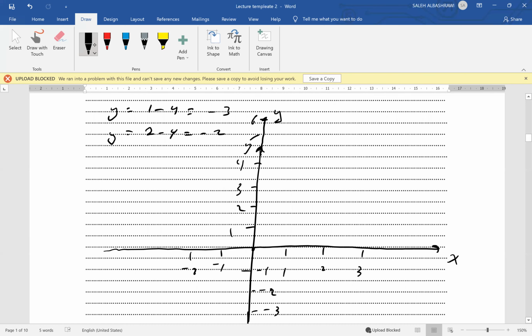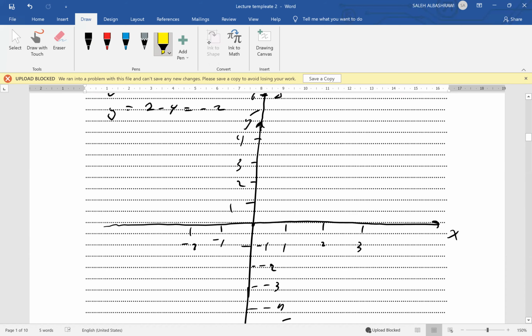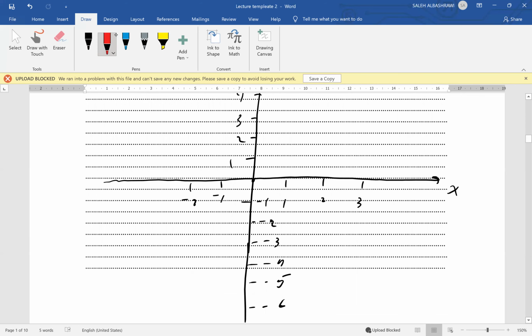Now the first point, minus 2 and minus 6. So minus 2, go down to minus 6. This is the first point, minus 2 and minus 6. Second point, minus 1 and minus 5.